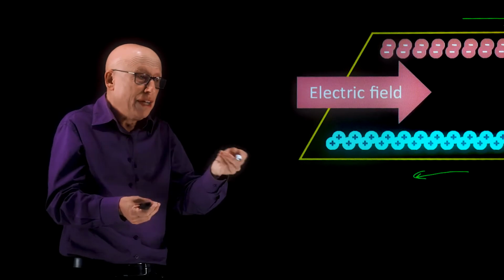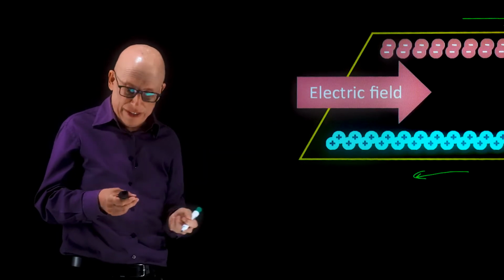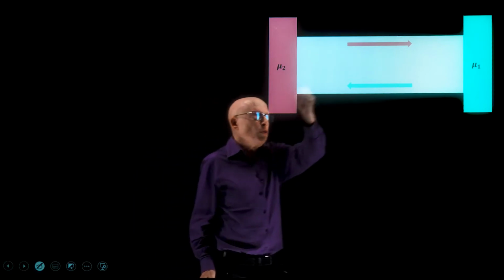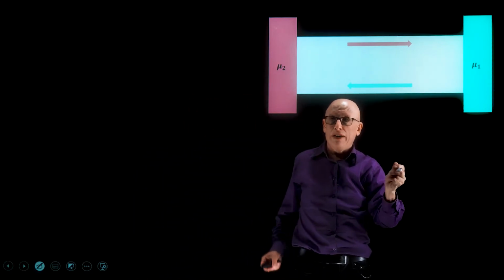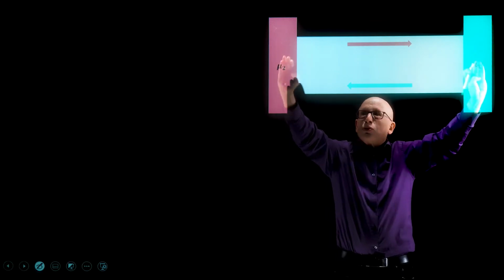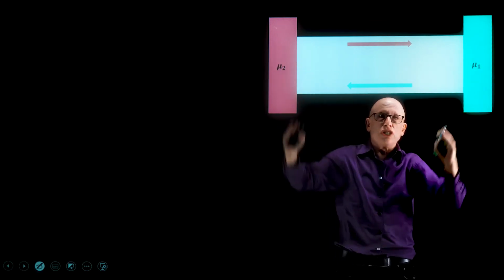So how come the edges seem to be important in this context? Let's see that by looking at two different geometries. One geometry would be this, again, the geometry of a bar, where we connect the two ends of the bar to two reservoirs at two chemical potentials.